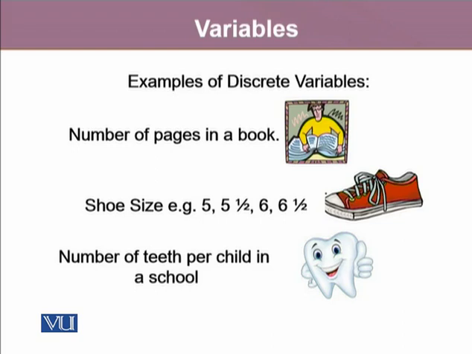There is no value like 5.25 or 5.35, and so on. Similarly, another example is the number of teeth per child in a school. You always count 1 tooth, 2 teeth, and so on. We don't say 1.5 or 1.25 teeth.